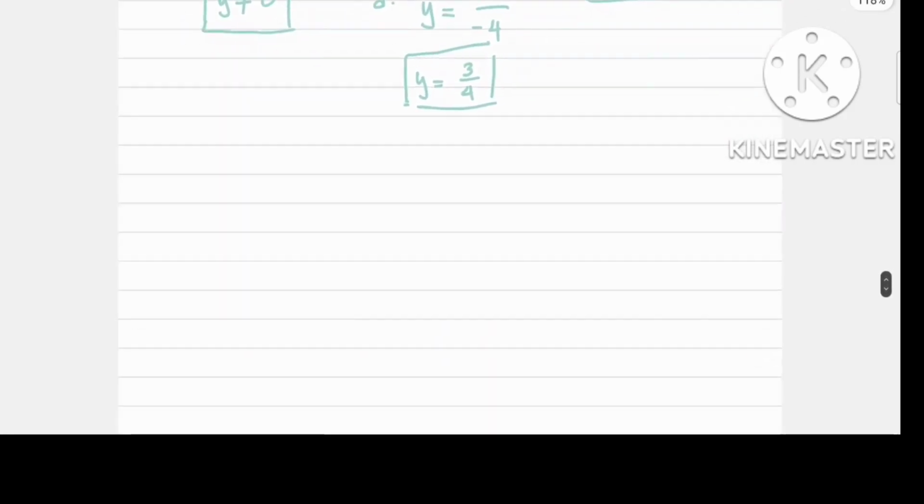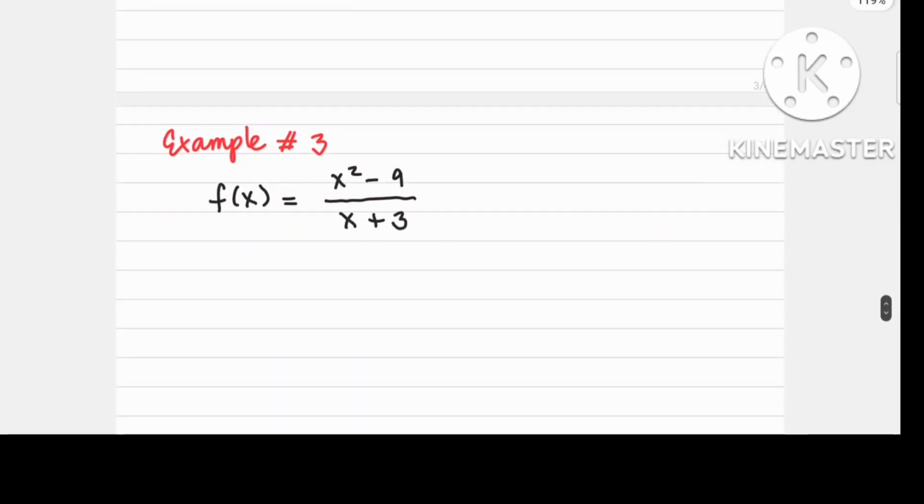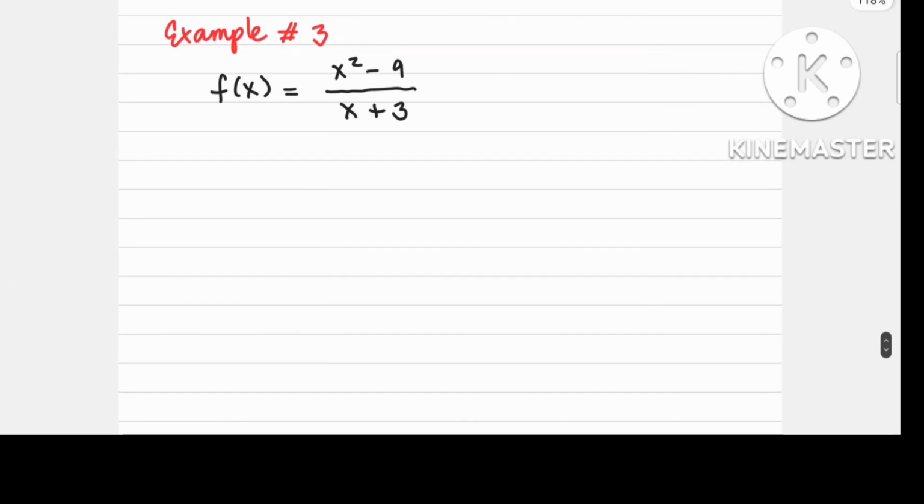Now we go to our last case. We go to example number 3. What is the domain of this function? Alright. We don't want x plus 3 to be 0. So we don't want x to be negative 3. We'll go back to finding the domain, range, later.